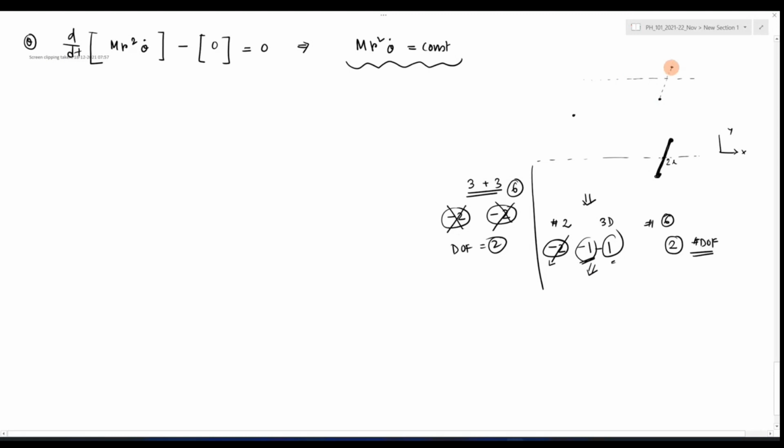Are you choosing this as a rod or are you choosing these as two particles? See, if this is a rod, then it will have 3 translational degrees of freedom and 3 rotational degrees of freedom. And by default, as this is a rod, length is constant. You already put that constraint when you chose this as a rod.